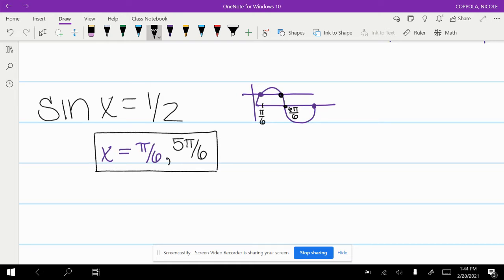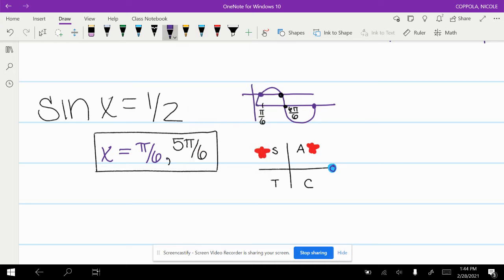The other way you can do it, instead of thinking about it on the sine curve, is on the unit circle, which is common. Sine here is positive, which means my solutions are going to be in quadrant 1 and 2, because that's where sine is positive.